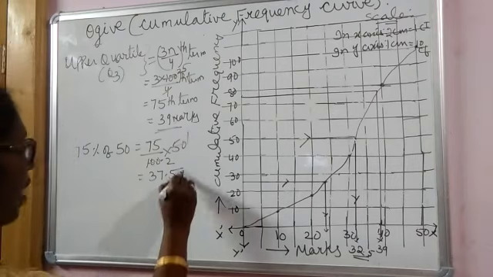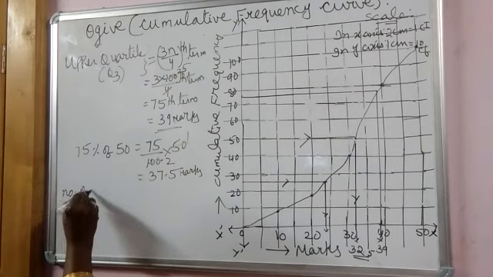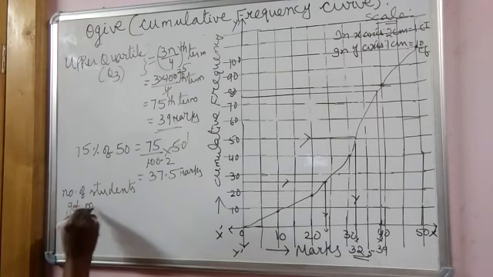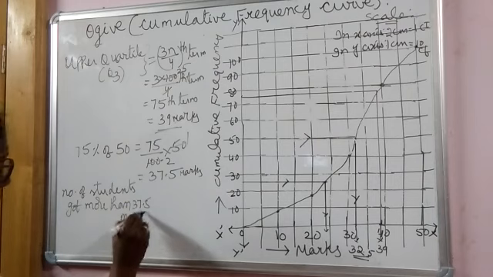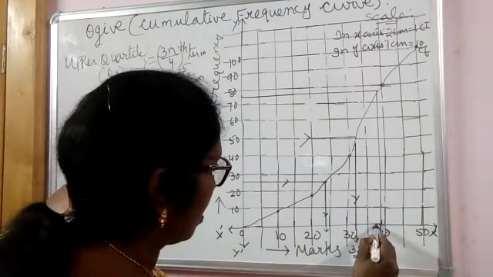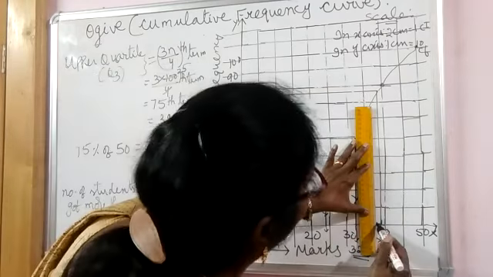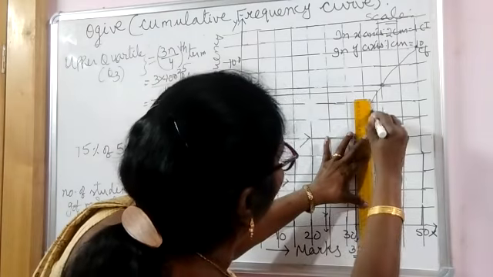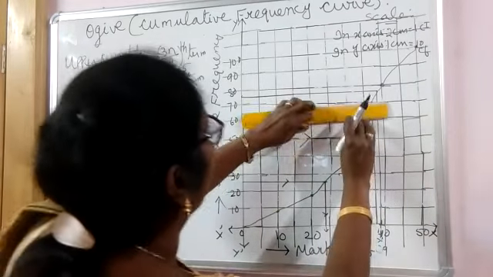That is 37.5 marks. Let us find the number of students who got more than 37.5 marks. 37.5 is somewhere here, the middle of 35 and 40. From here, draw a vertical line to the graph, and from there we reach the 70 line.